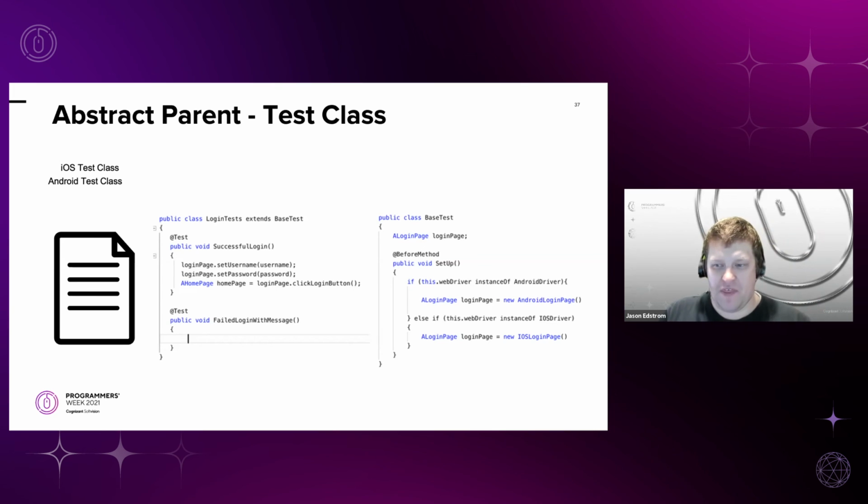We create a before method approach, and then based off of the driver, which is only on the test level, where we really care about what type of driver it is, we then instantiate the proper page model and file that away in the login page, so that the page on the next level, the child of the base test, is now able to utilize that initial page to start off.